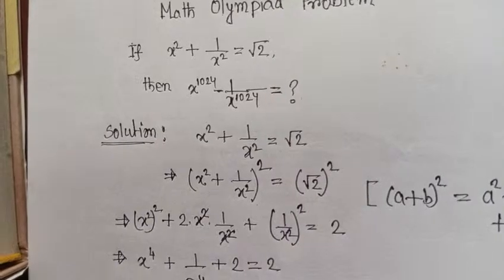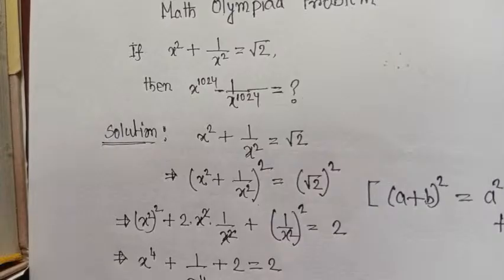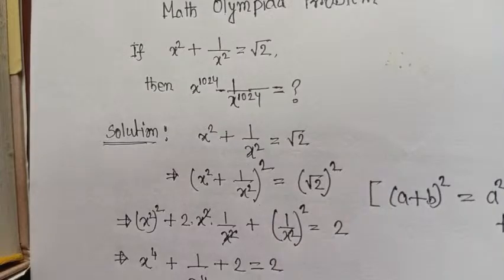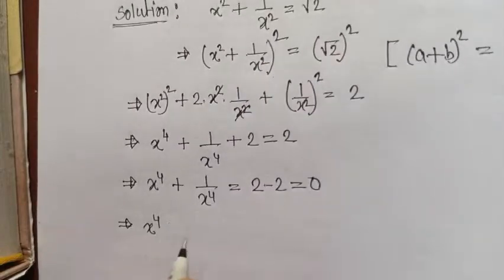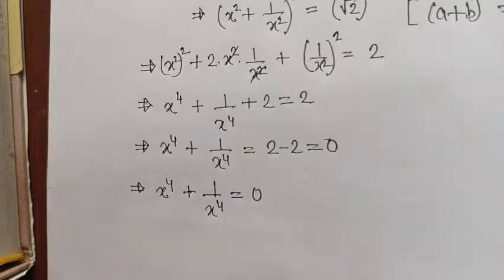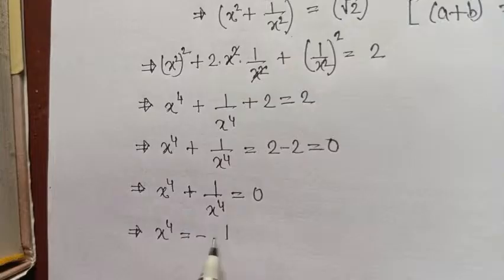Now if we move that 2 to the right hand side, the equation becomes 2 minus 2 equals 0, that is x to the power 4 plus 1 by x to the power 4 equals 0.